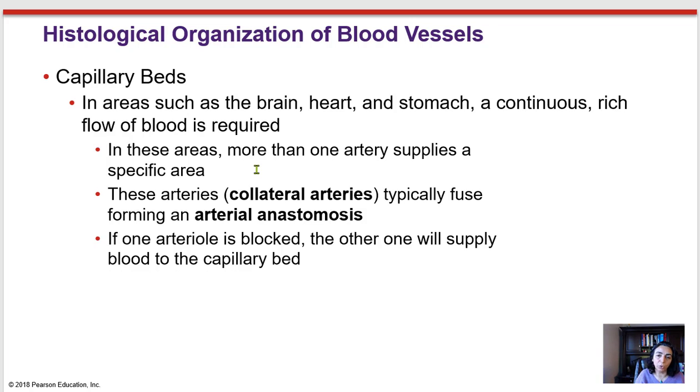And as here we are talking about arteries that are bringing blood, oxygen and nutrients to a specific area, those are arterial anastomoses, like the ones we have in the circle of Willis in the brain, right? And you will see other examples when we go over the blood vessels of the body.